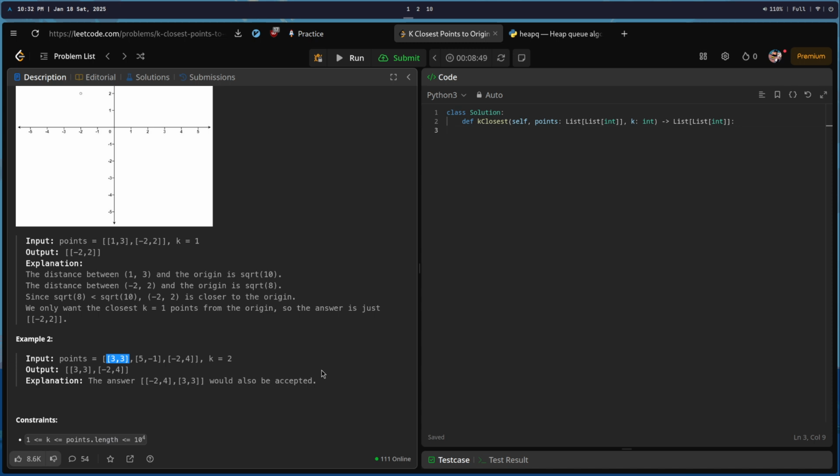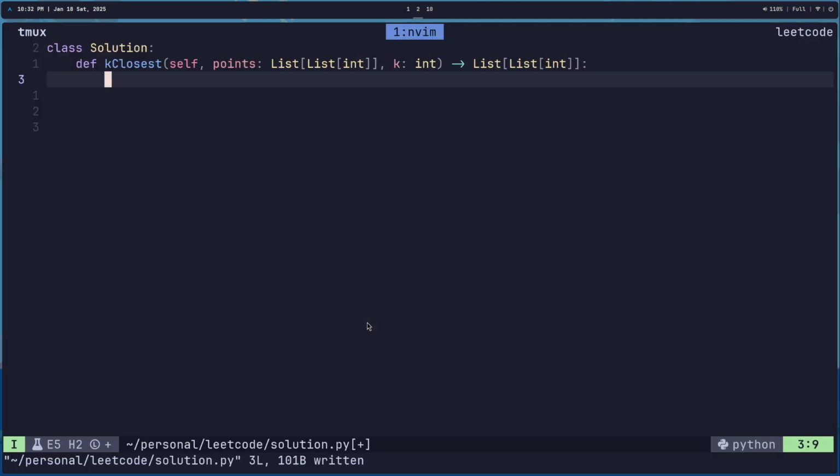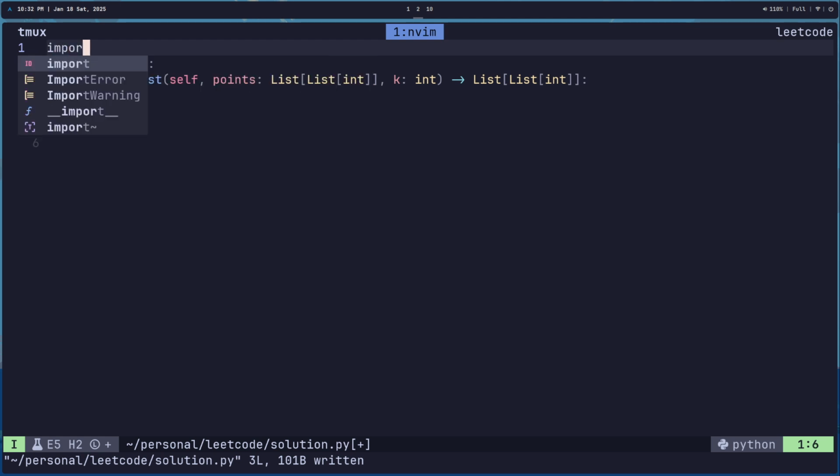So the dictionary would have the distances as keys, and the values would be a list of points with that distance to the origin. I think that would work. I think that's a good starting point because I need to write up a solution. So let's actually import heapq.